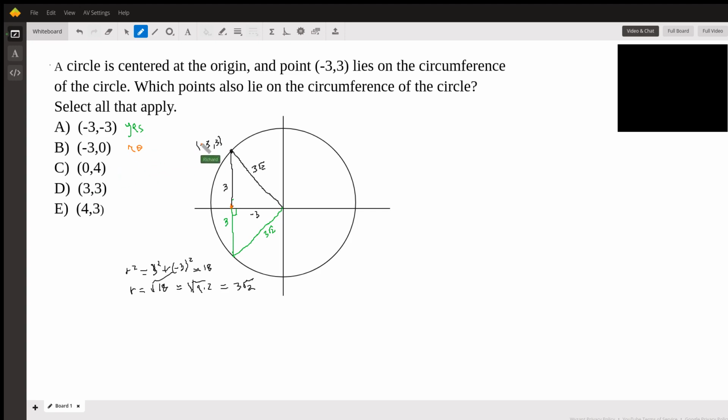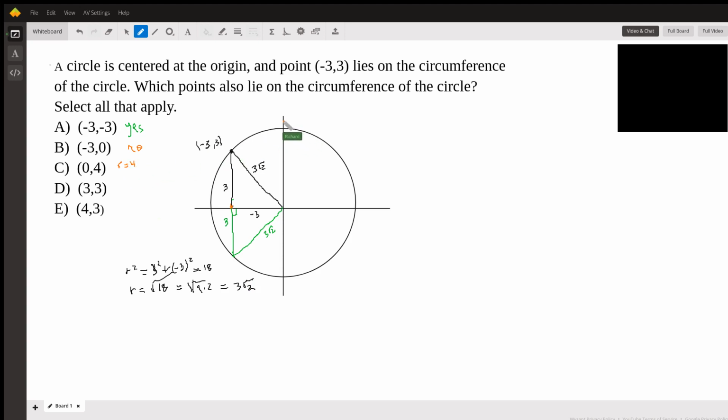0, 4. Well, 0, 4 is here, but I think it's pretty clear that we have to question whether it's on the circumference, and it's not, because here the radius is 4.